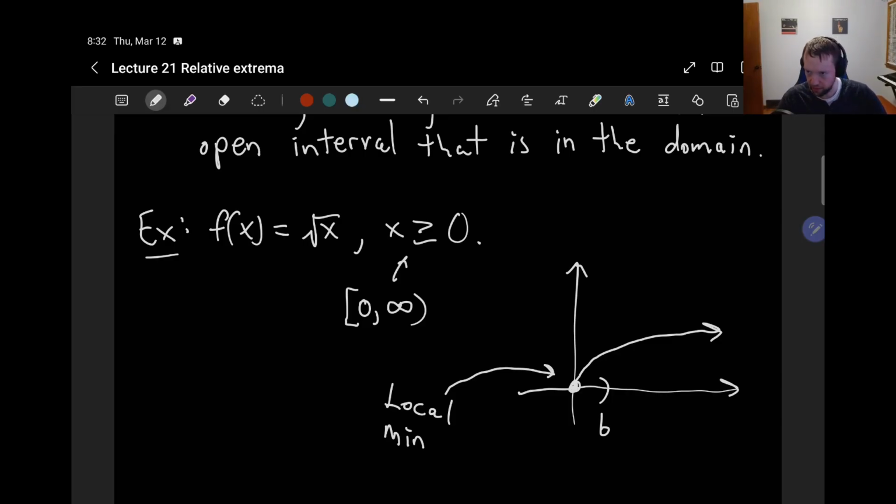So that's what we mean when we have an endpoint. We're only worried about open intervals from the other side, the part that's in the domain. Or I guess I'm doing tick marks here, and showing my interval up there. But this is the lowest one in its neighborhood.